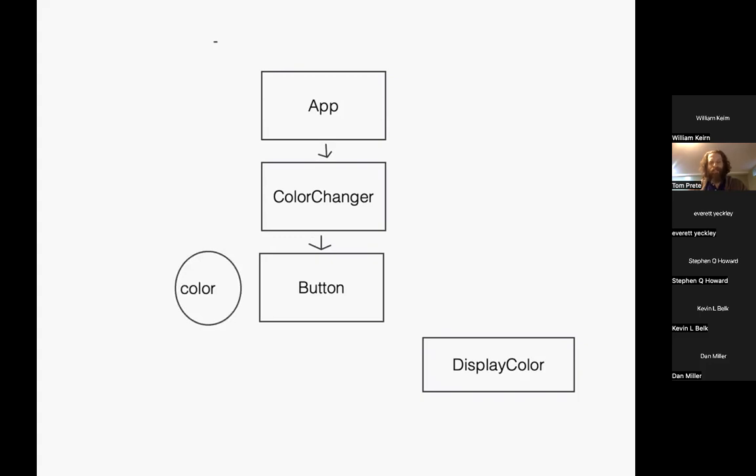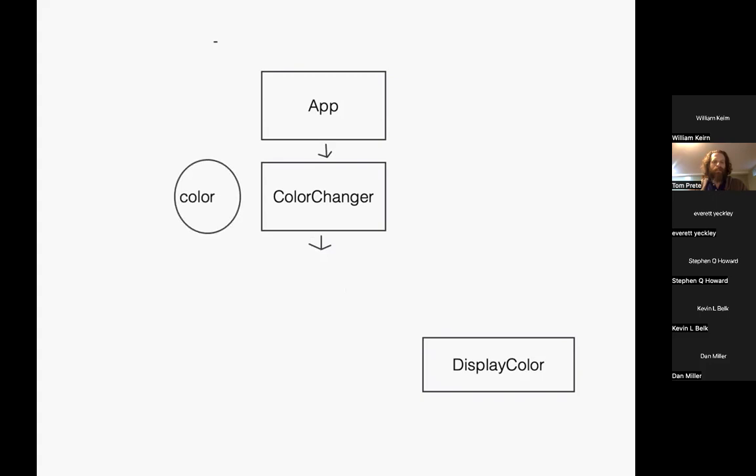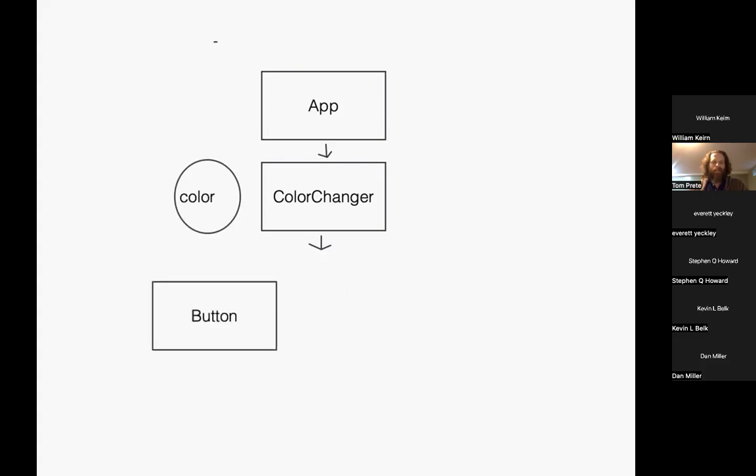Now we're basically going to have to push it right back up and restructure this a little bit. So button is going to go over here, and display color is going to come up here. So these are siblings. And now we're going to have two arrows. One's going to go here. Another one's going to go here.